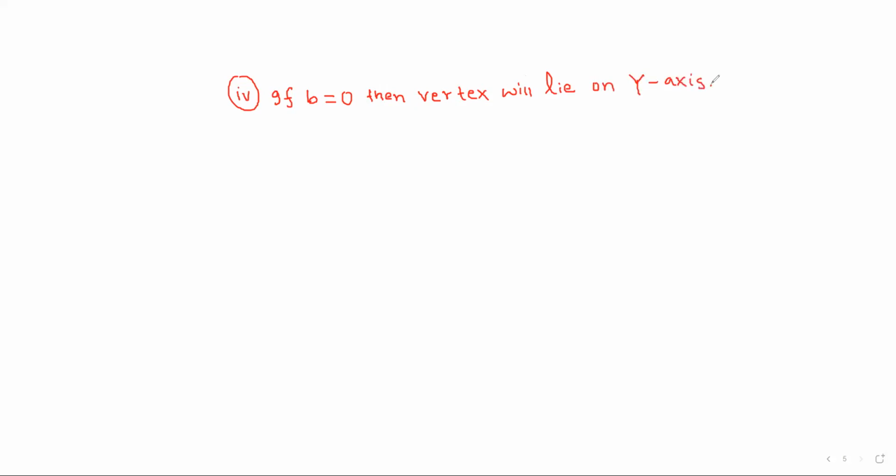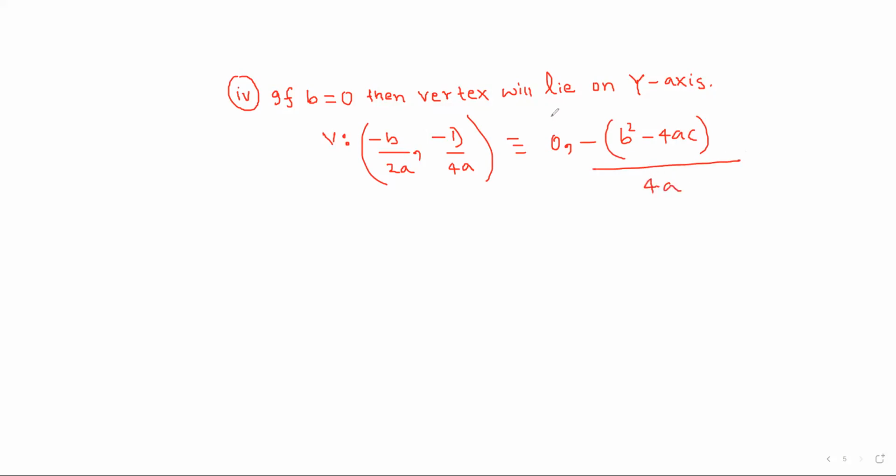Just consider the condition of the vertex. The vertex is minus b upon 2a comma minus D upon 4a. So b is 0, so simply 0 comma, and D is b square minus 4ac, upon 4a.